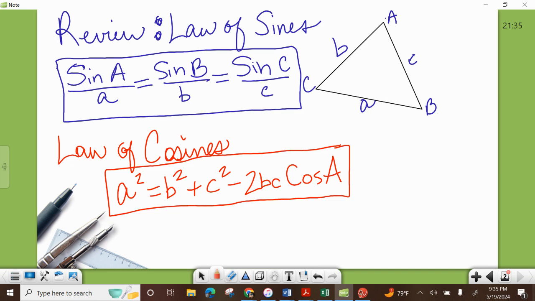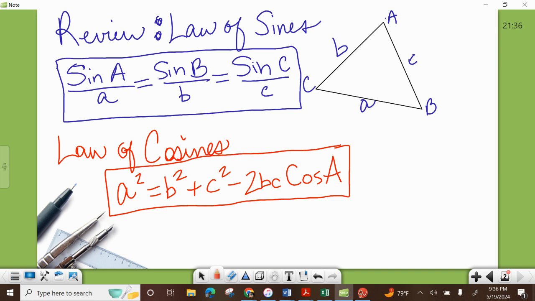So when I use the law of cosines, I'm usually trying to find something where I don't have an included angle or the sides don't match up. There are a lot of conditions for whether you use the law of sines or law of cosines, and we'll talk about those in a bit.